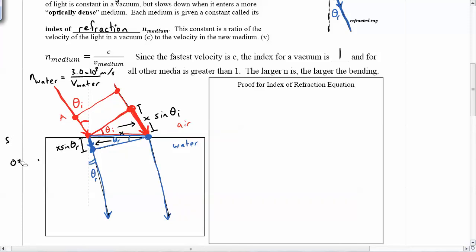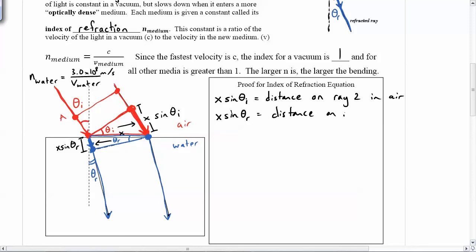And because these two rays have to travel parallel to each other, x sine theta I is the distance on ray 2 in the air, and x sine theta R is the distance on ray 1 in the water.